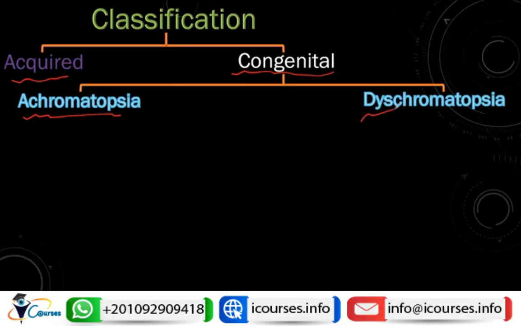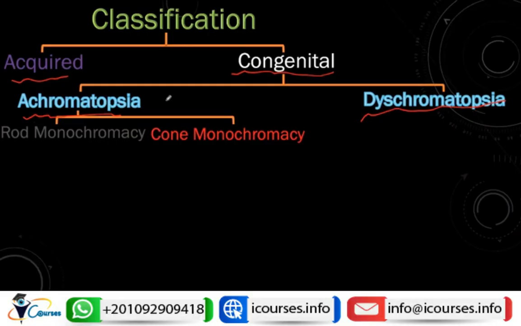Or there is dyschromatopsia, where we can see color, but the color vision is abnormal, or there is a dysfunction in the color vision. The achromatopsia can further be subdivided into rod monochromacy, or rod monochromatism, or cone monochromatism.